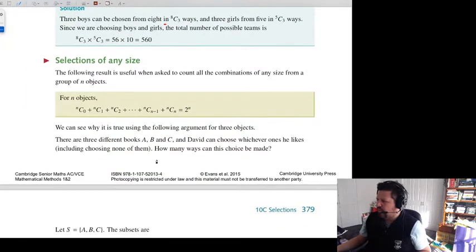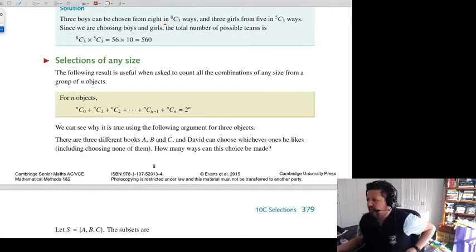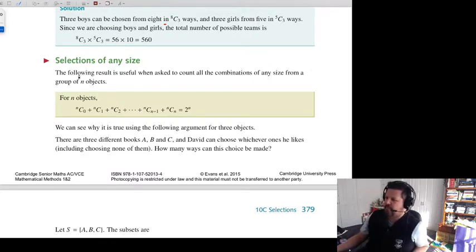Cool. You can do some counting of selections of any size. It says here, the following result is useful when asked to count all the combinations of any size from a group of n objects. So if you've got n objects, you're going to have nC0 plus nC1, and so forth until you get to nCn.